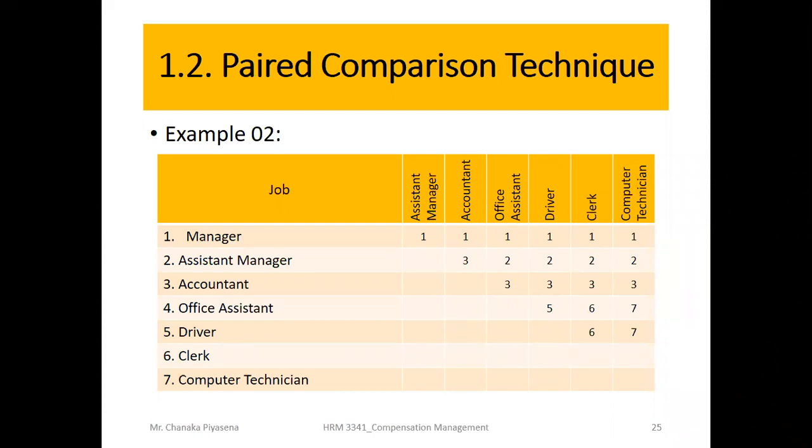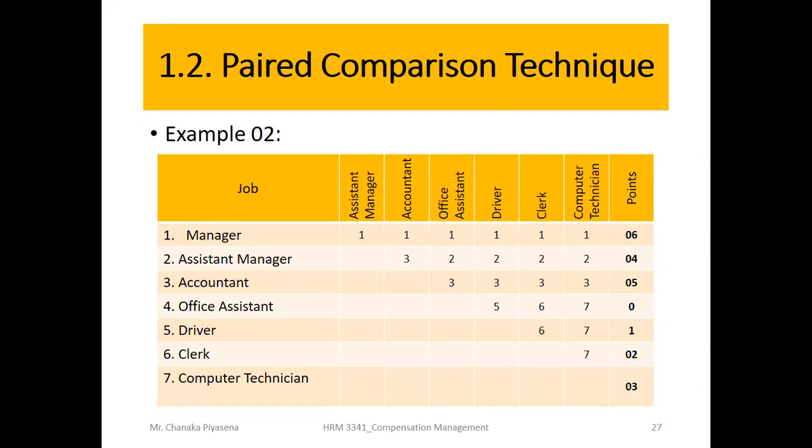That's why we put number 7. Then the clerk and the computer technicians, when we compare these two jobs, computer technicians is more important. That's why we put number 7, which represents computer technicians. Then we need to allocate points for these ranks.